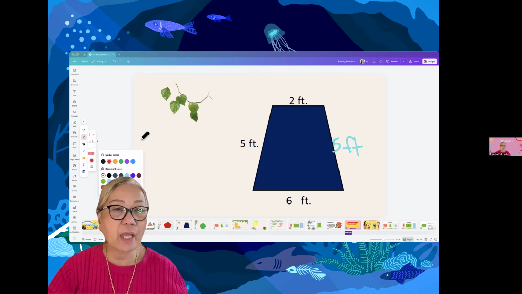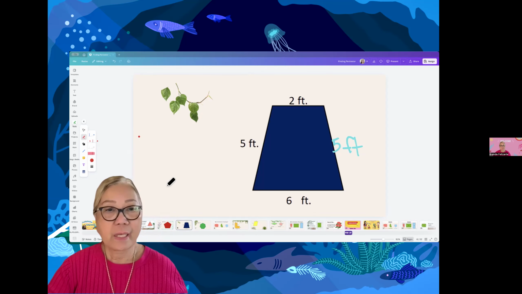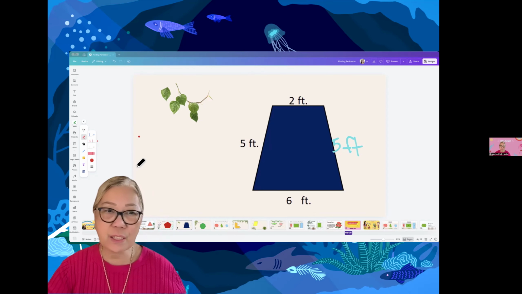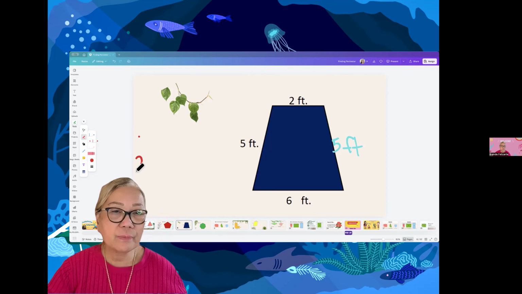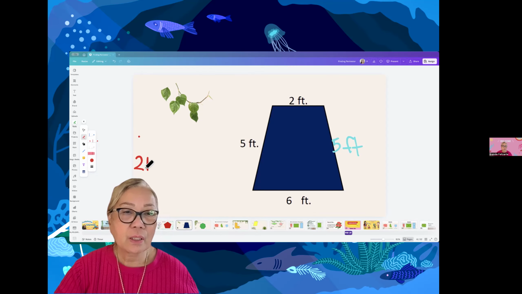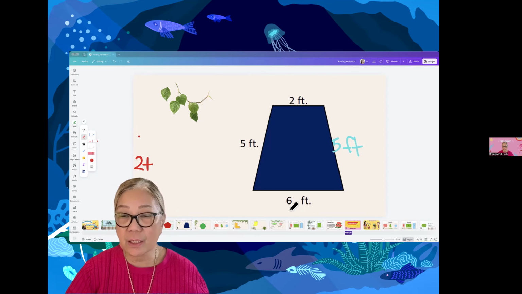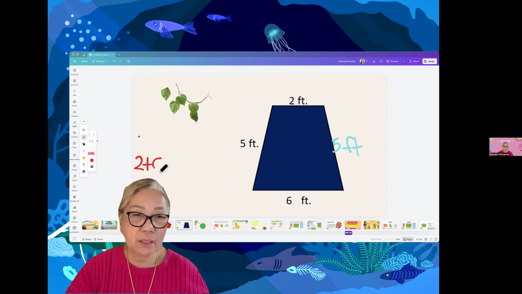Now one side is 2. The opposite side is 6.